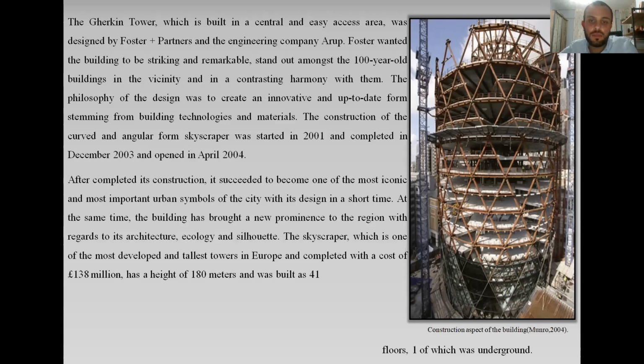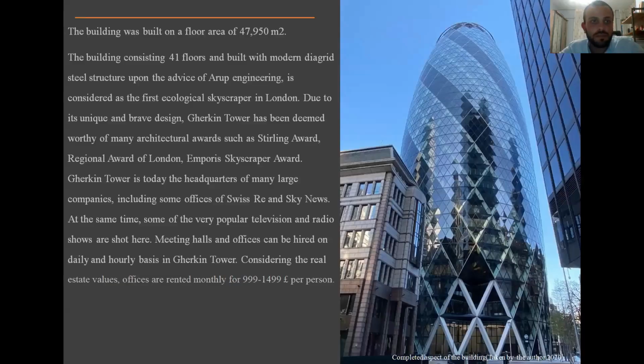The skyscraper, which is one of the most developed and tallest towers in Europe, was completed with a cost of 138 million sterling, has a height of 180 meters and was built with 41 floors.